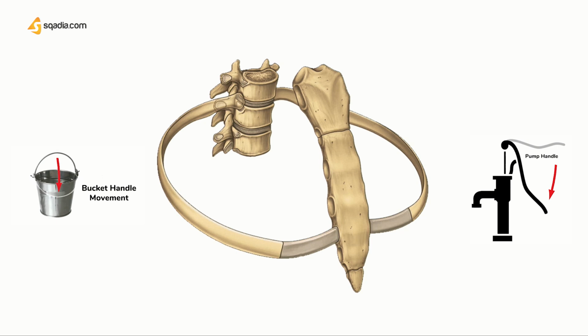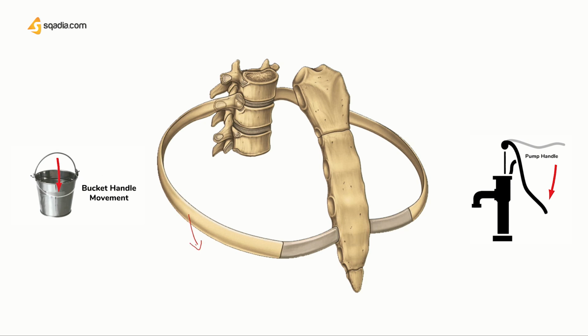So just to review our movements, during inspiration, the ribs move upwards like a bucket handle, and the sternum moves up like a lever. This is to expand the chest cavity. And during expiration, we have the opposite.